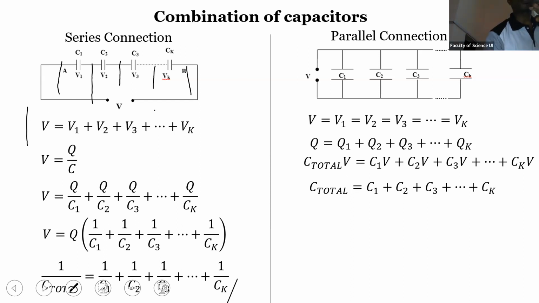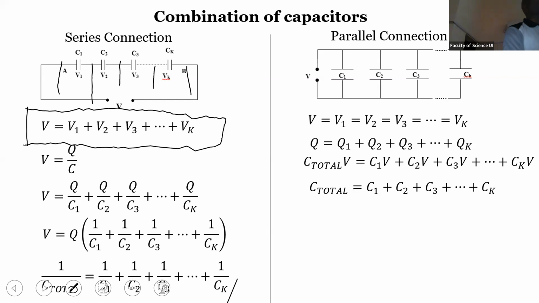For this, I will start to say that the potential difference across all of the capacitors in series is equal to the sum of the individual potential differences across each of the capacitors.